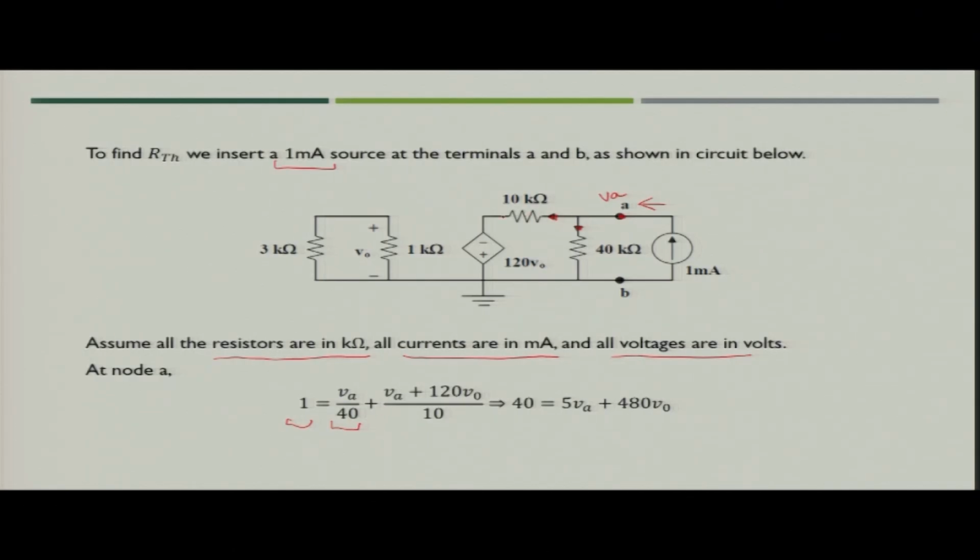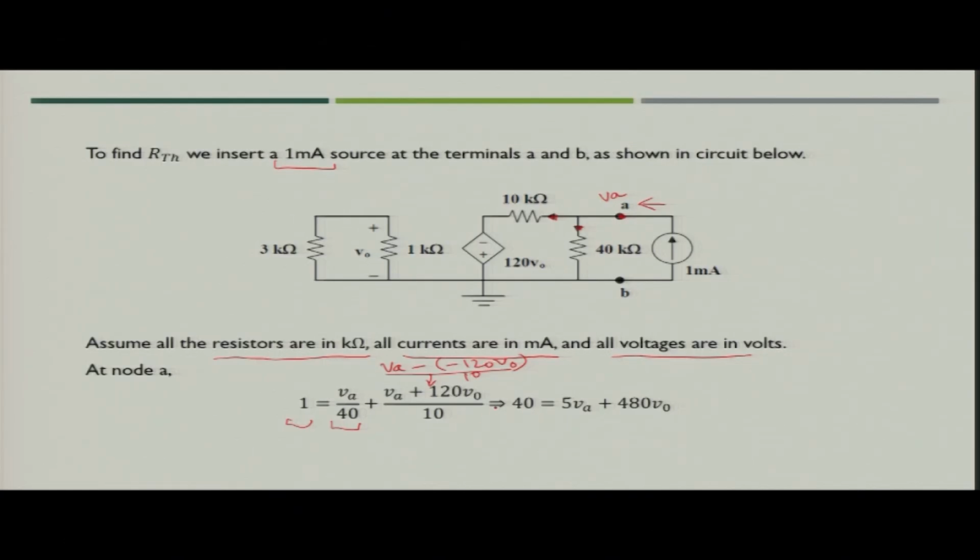Then for this current, you can write V A minus of minus 120 V naught, because the direction of the dependent voltage source is opposite, that is minus is on the upper side, plus is below, divided by 10. So, that will simply become V A plus 120 V naught divided by 10.